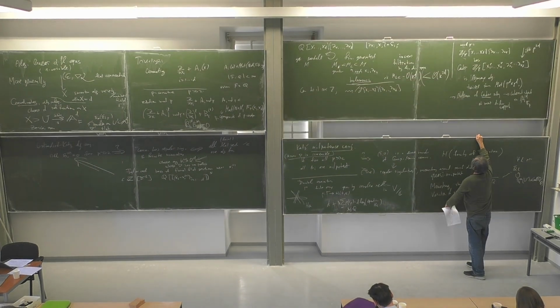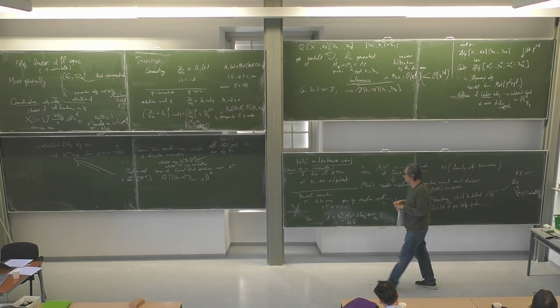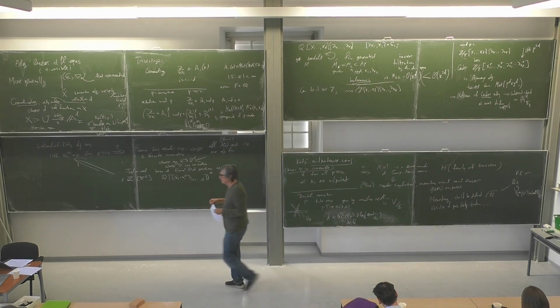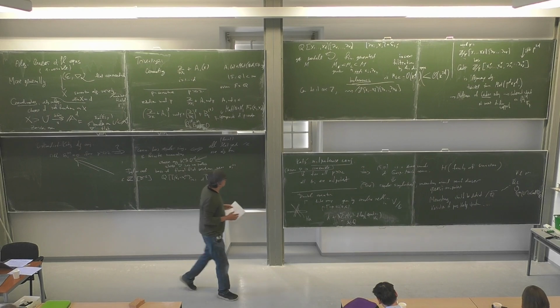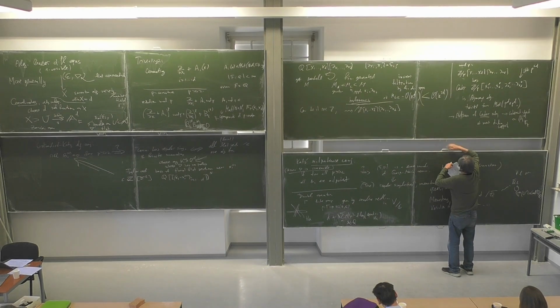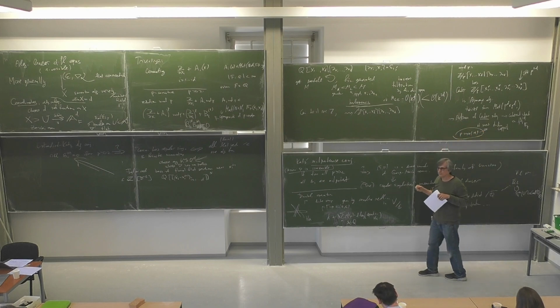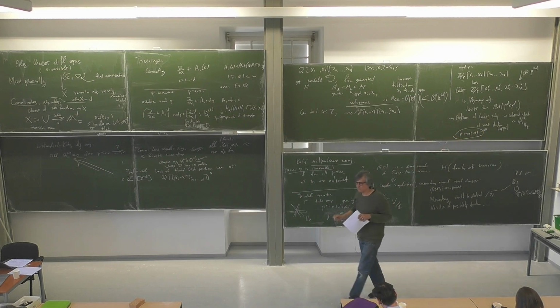And this support, I'll call it the p-support of the module. It's a kind of characteristic variety.